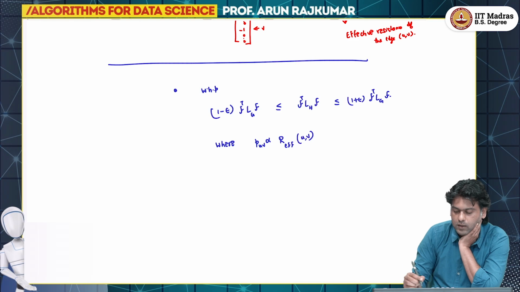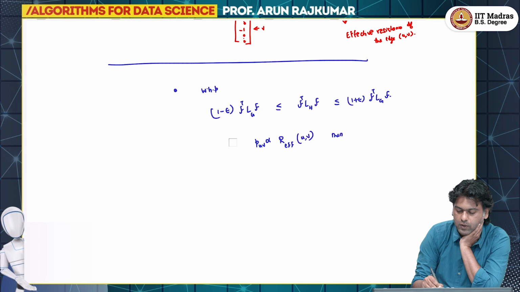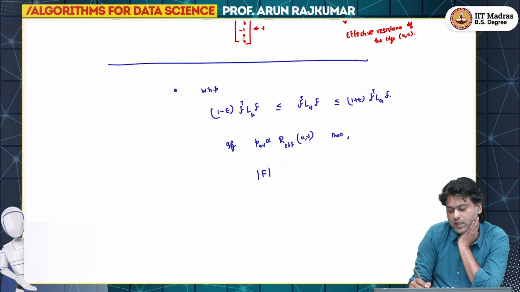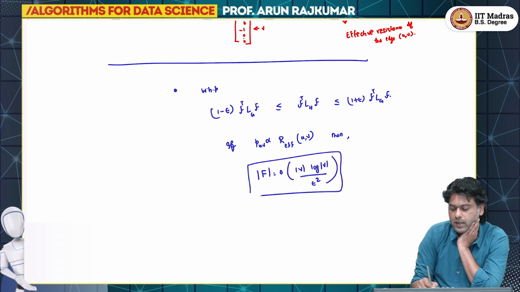If I choose p_uv proportional to the effective resistance, then the key thing is the size of H, the number of edges in H, is order of V log V by epsilon squared, and this is the key thing.